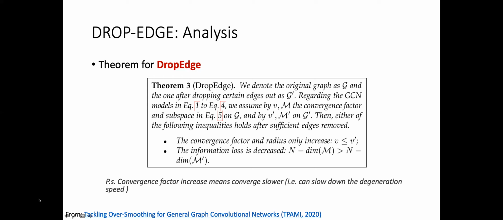For the second point, the gap between the dimensions of the original space and the convergence subspace, n minus dim M, measures the amount of information loss. A larger gap means a more severe information loss. According to this second point, DropEdge is able to increase the dimension of the convergent subspace, and therefore it is capable of reducing the information loss caused by dimension collapse.